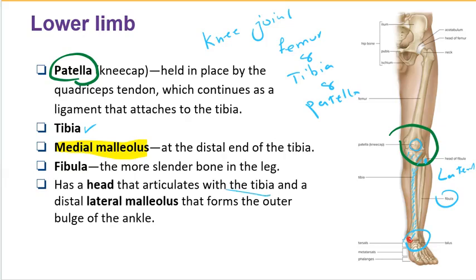Then at the distal part of the fibula, you can feel and touch this large bony bump, which is called the lateral malleolus. So the lateral malleolus is a bony bump on the distal part of the fibula, and the medial malleolus is a bony bump at the distal end of the tibia.